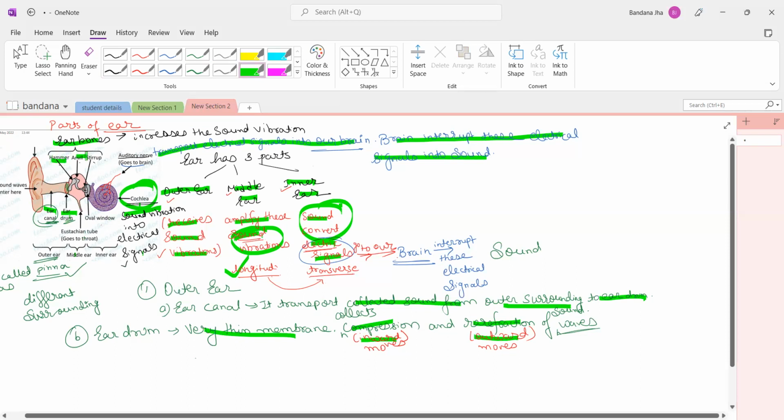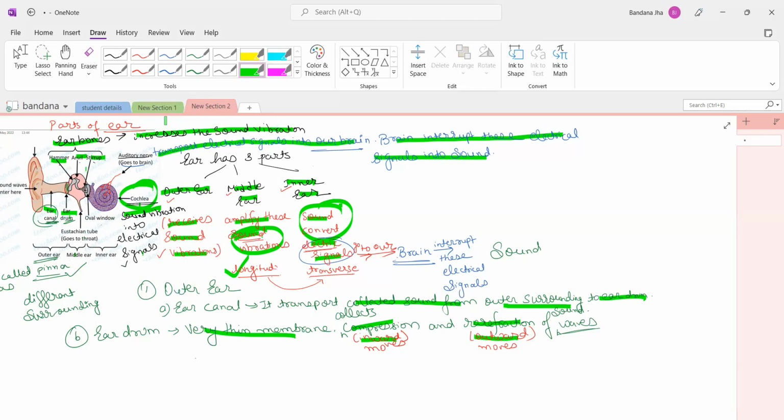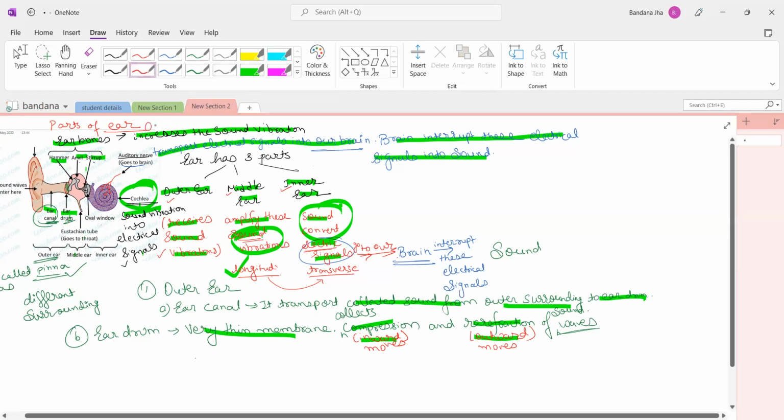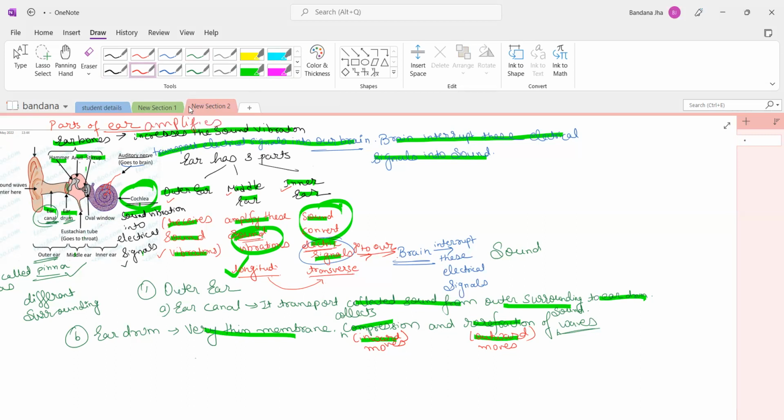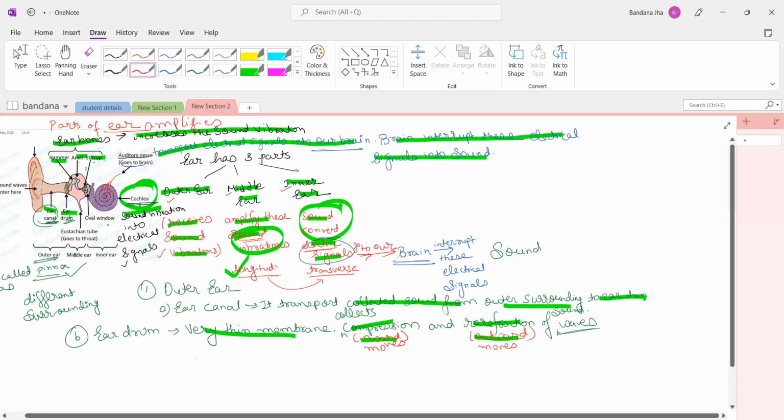Okay. Now in the middle ear, we have the ear bones, that is hammer, anvil, and stirrup. These do what? These increase the sound vibrations. Increases means what? It amplifies the sound vibrations. And the inner part is what? This is an oval window from where these sound waves go to our cochlea, and here the sound waves are converted to electrical signals.